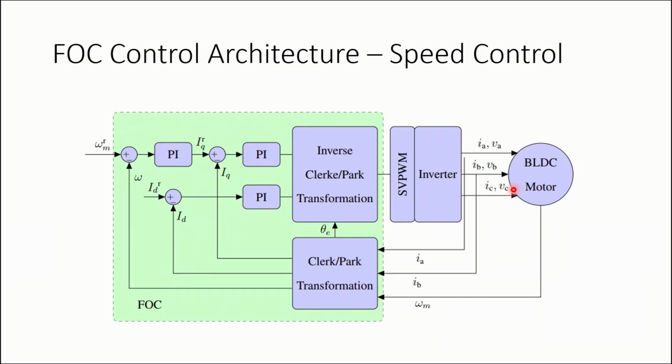But the next one is speed control. This is normally not used in general EVs, but if you go for some autonomous vehicle, where we want to control the speed of the vehicle as per the given commands, then we are not giving inputs through a throttle. We are providing some profiles of the speed, or we want to give some reference speed.